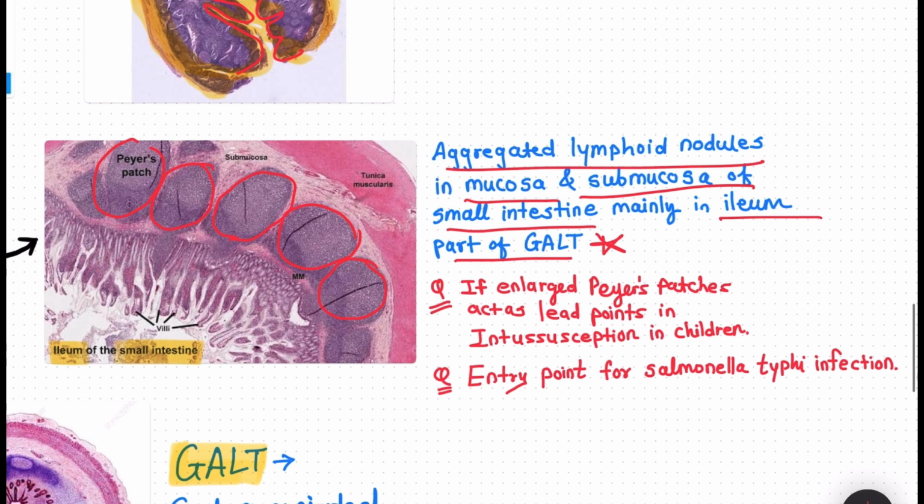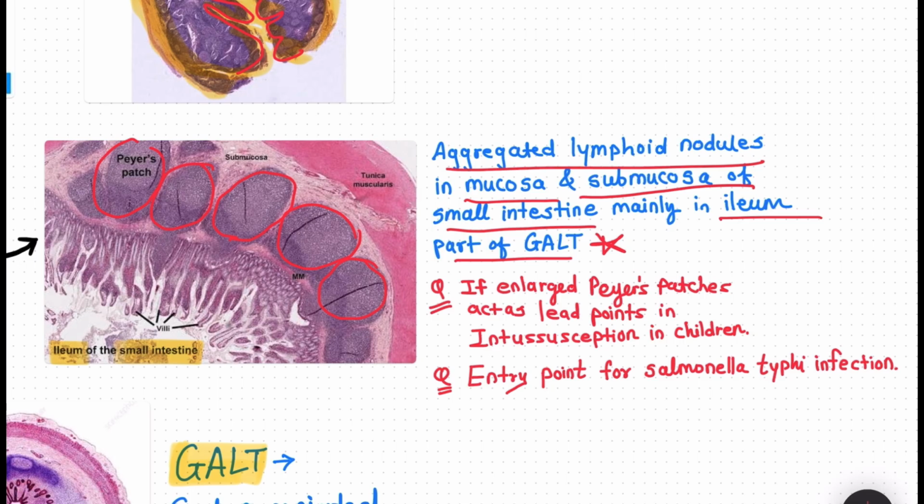Some clinical points regarding Peyer's patches: enlarged Peyer's patches act as a leading point in intussusception in children. Intussusception means there is telescoping of the intestines, where one part of the intestine gets hooked in another part. For example, the distal part of the intestine will move inside the proximal part of the intestine.